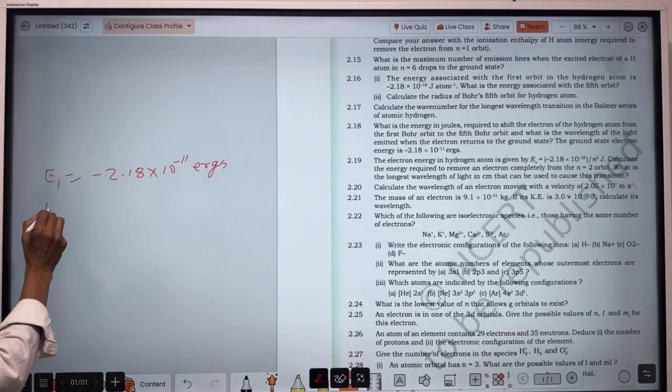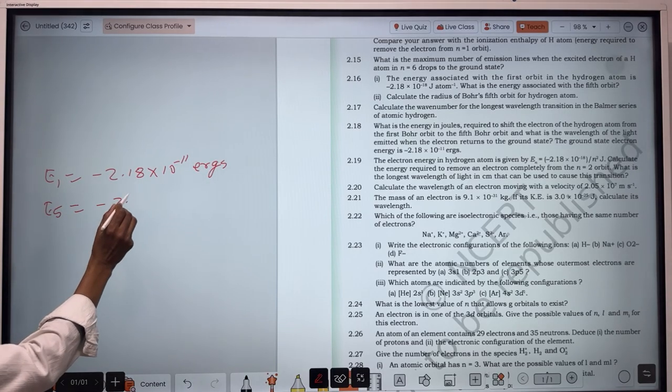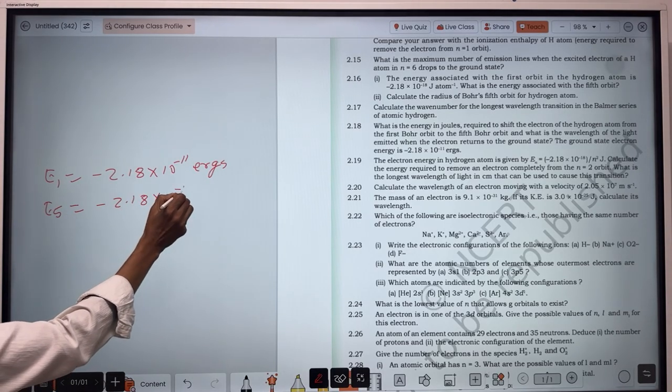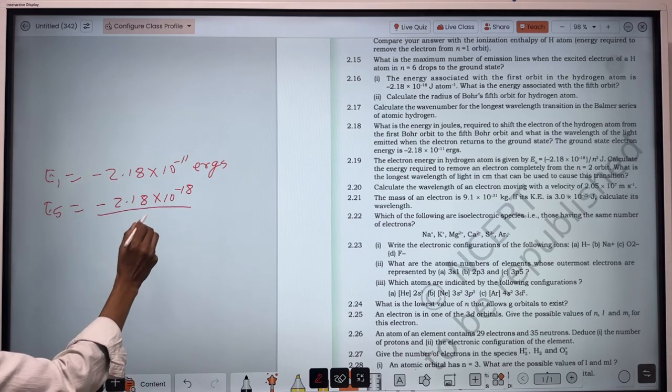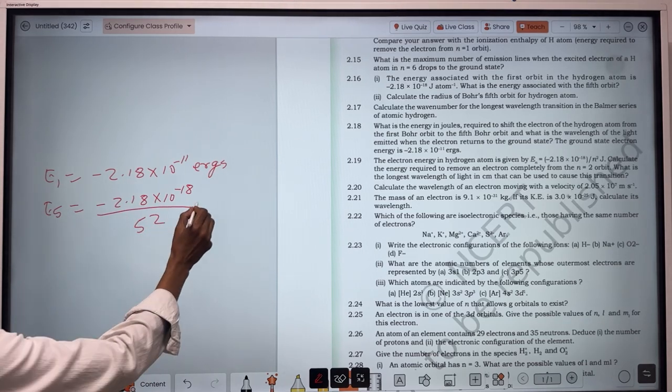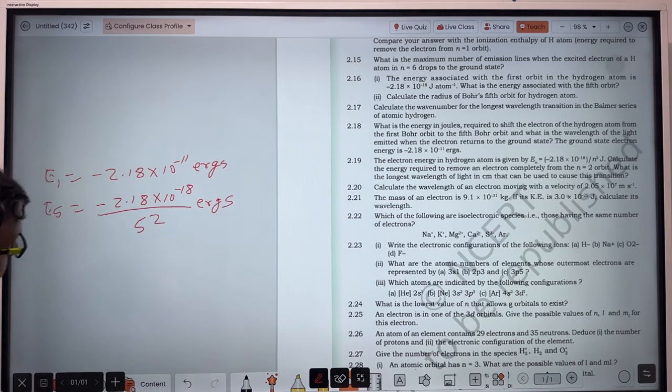So the energy when the electron will be in n equal to 5 will be E1 upon 5 square, that much ergs. So that will be equal to how much? Calculate the 5 square. The 5 square will be 25. Already it's understood. So that will be 2.18 divided by 25. First do that.